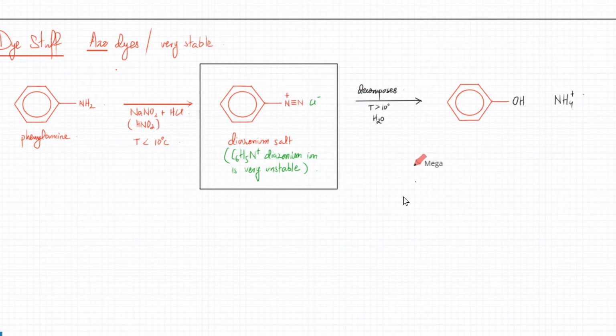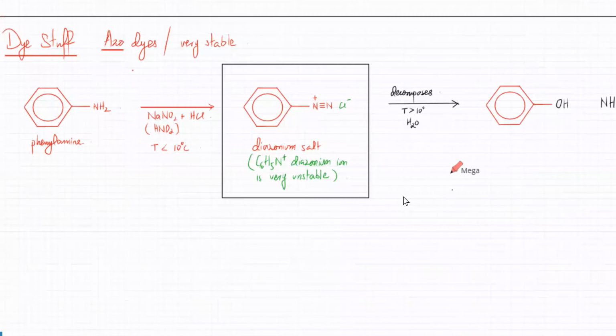Now, this diazonium ion is a very good electrophile because it's a positive ion. So this C6H5N2+ ion is a good electrophile.